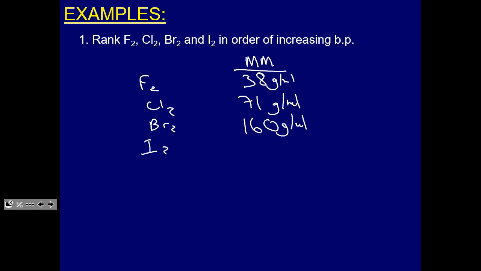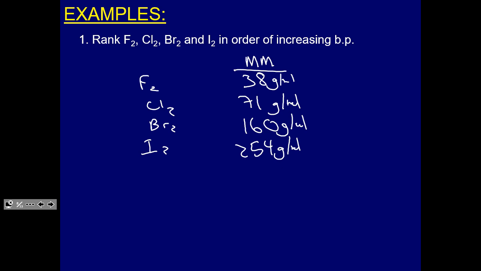And iodine, what is that? 127 times 2, 240, 254. 254 grams per mole. So according to what I've told you, iodine should have the highest boiling point.